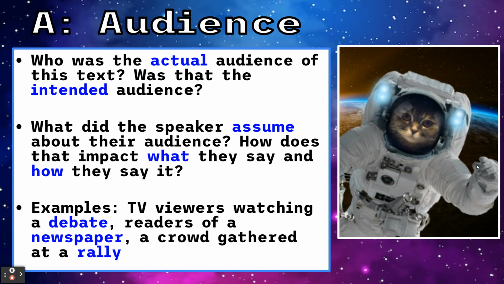How does that impact what they say and how they say it? Again, are they using any specialized words, images to try to get their point across to the audience? So, our examples, we could have TV viewers watching a debate, specific readers of a newspaper, a crowd gathered at a rally.